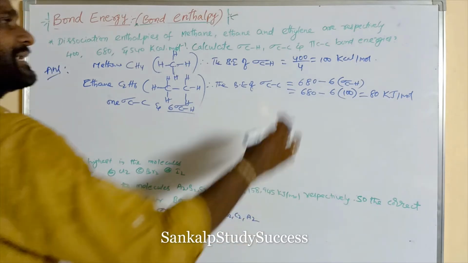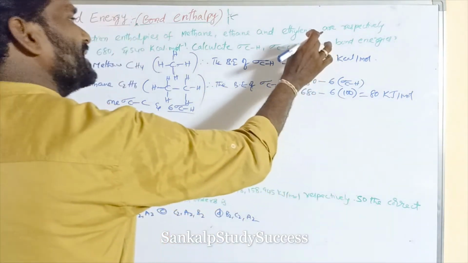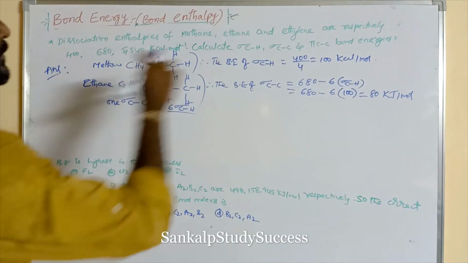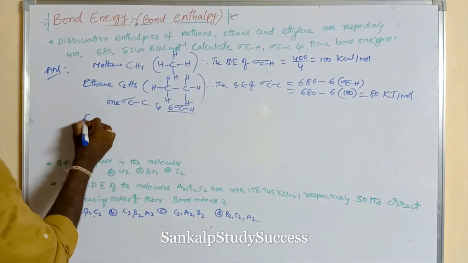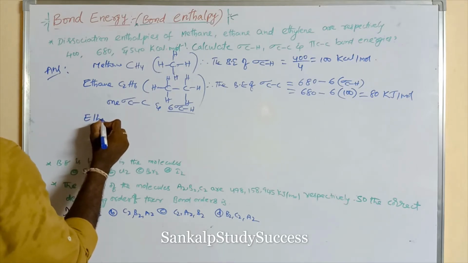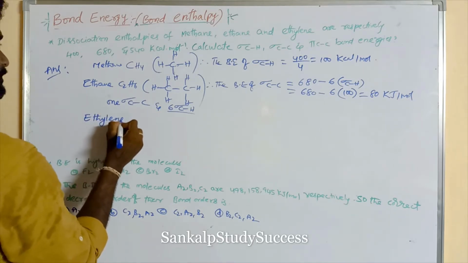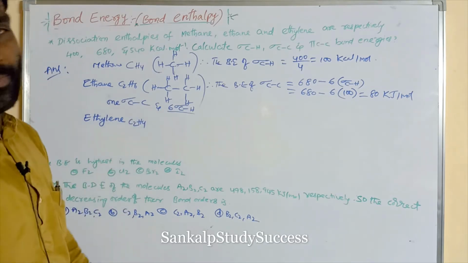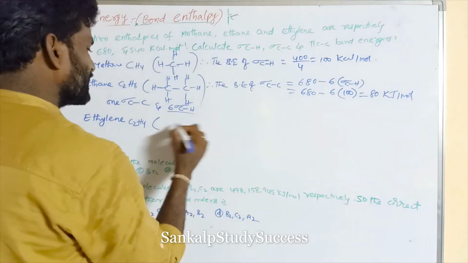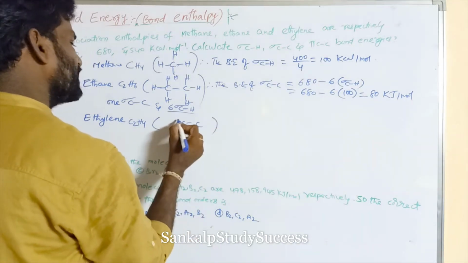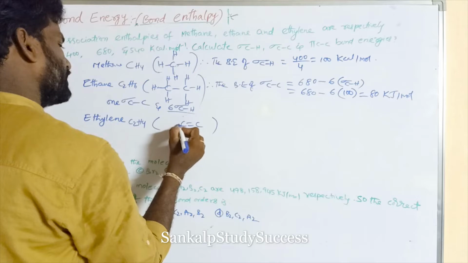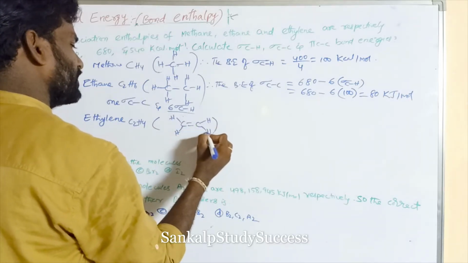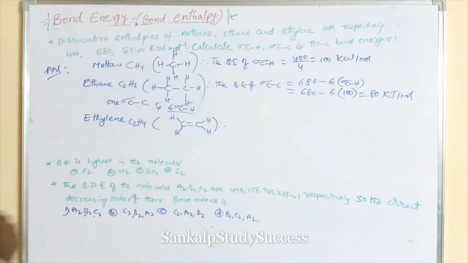Now we can calculate the pi C-C bond. What is the other value? Ethylene. What is its formula? C2H4. It can be written as C double bond C, with H's attached.